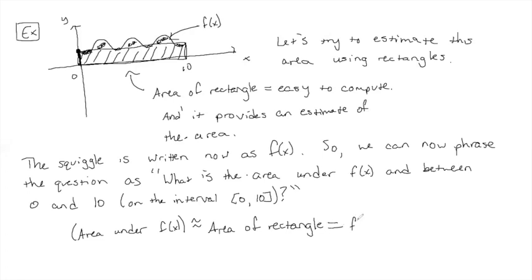It's just f of 0 length times 10 width, right? Okay. But like I said, the estimate is pretty clearly bad.